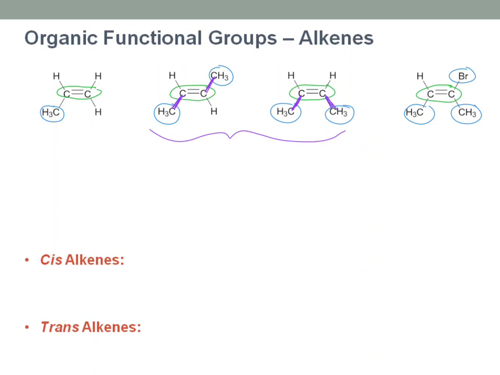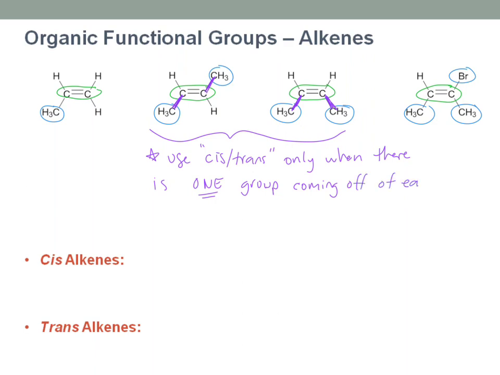So I'll put a star here: you use cis and trans only when there is one group, and by group I mean something that's not hydrogen, one group coming off of each alkene carbon. So when you have one group coming off of each of the carbons in the alkene, like I do up here in these ones, that's when you need to name it.